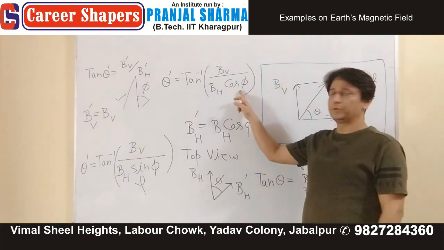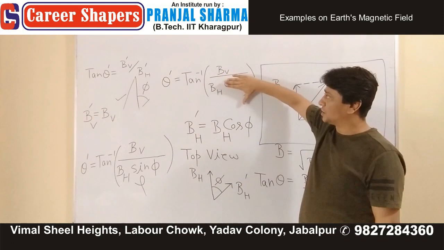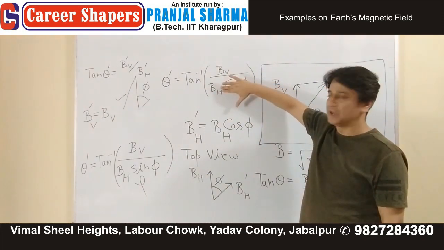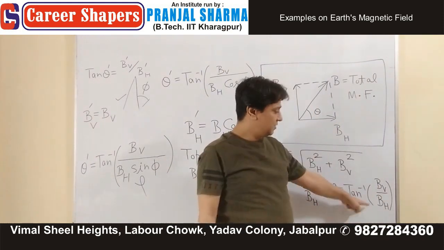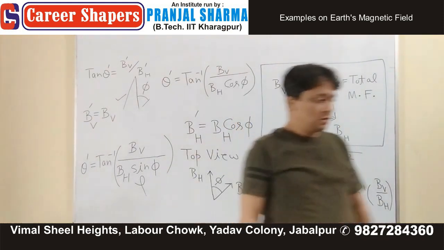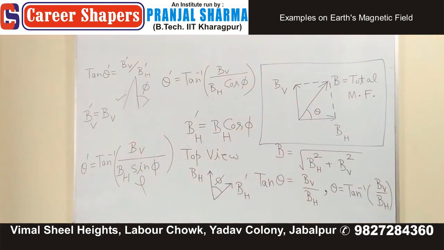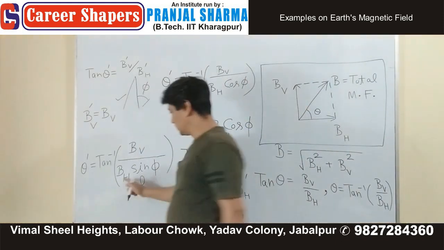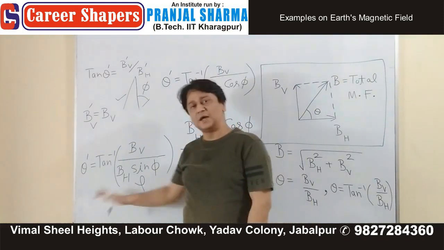You're getting a totally different answer. Look here, if you put cos 0, what is cos 0? 1. Theta dash is giving you BV upon BH. So you can remember this in this form. This option is wrong. And why is this wrong?